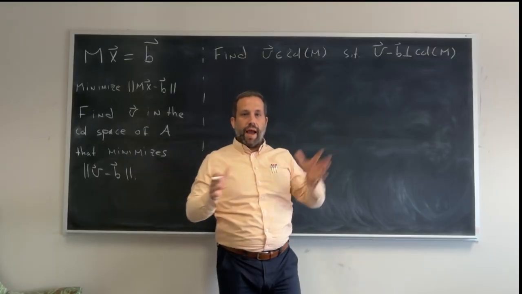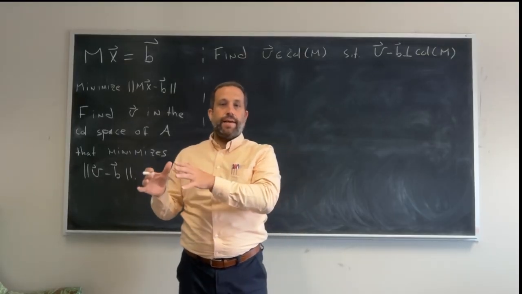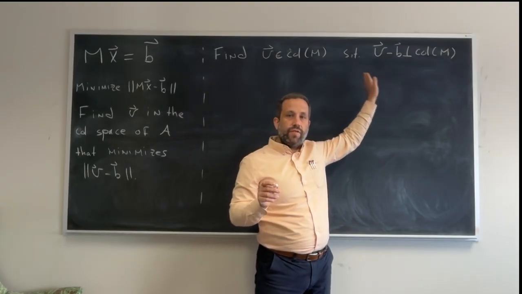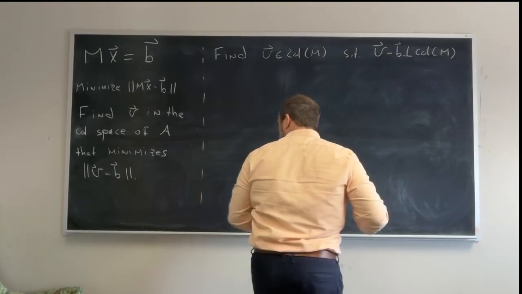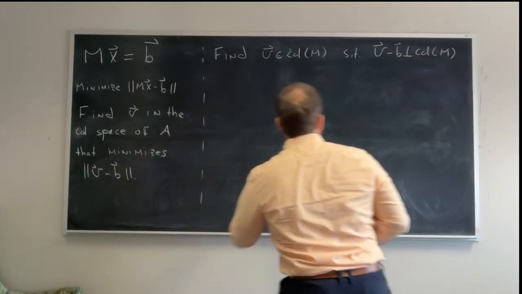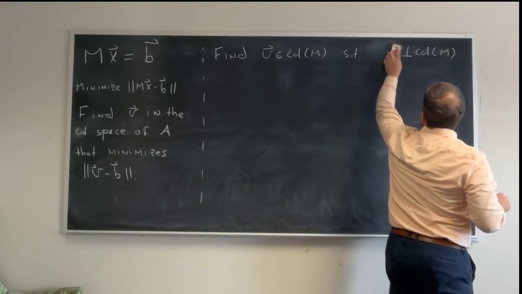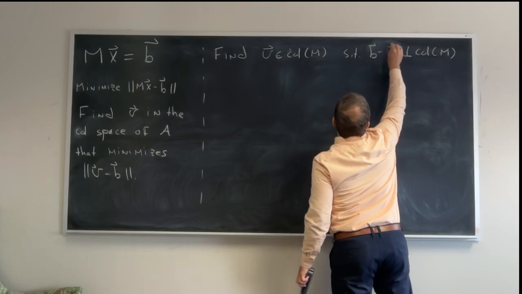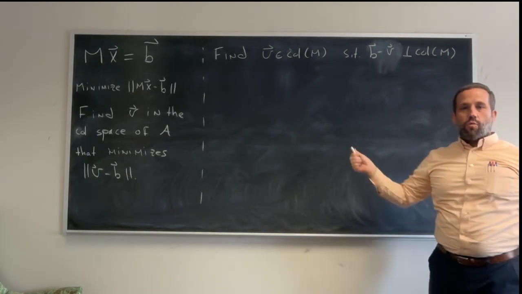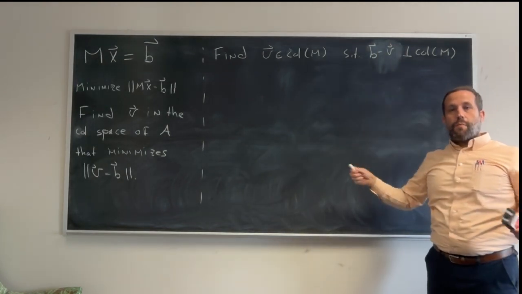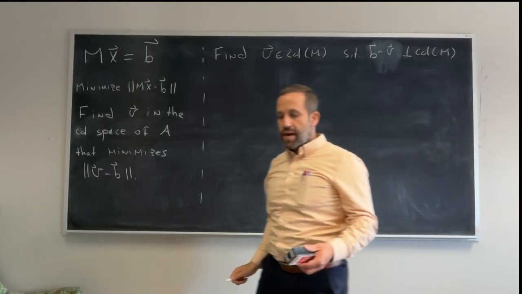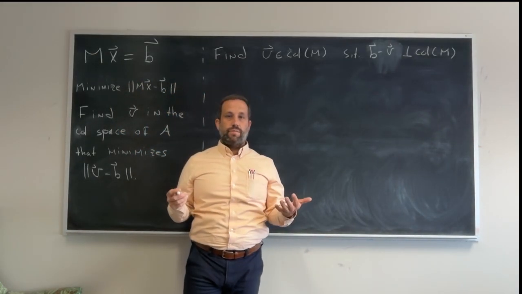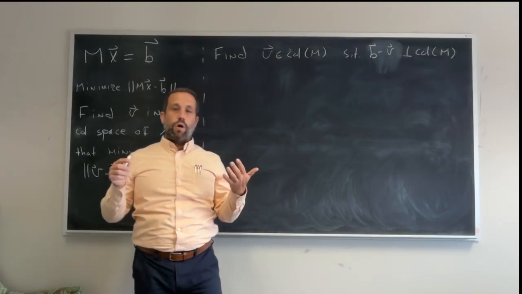Actually, it might look a little cleaner if I write it equivalently as b minus v. So we're taking b and subtracting off the part of b that is in the subspace, and so the only part that's left is the part that is orthogonal to the subspace. Let me explain that one more time.